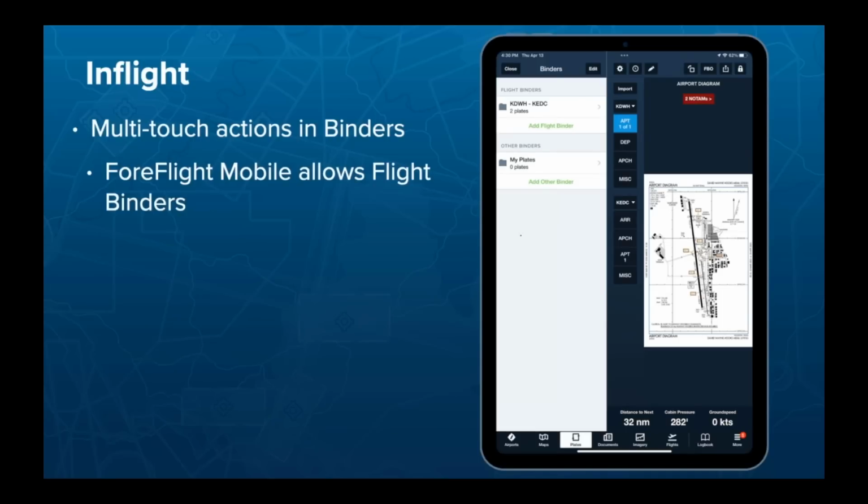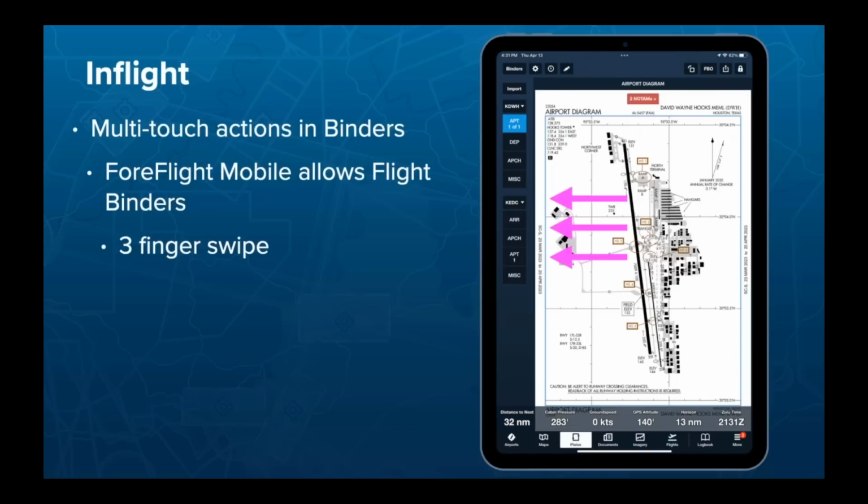If you were to navigate to plates and tap on the Add Flight Binder button, ForeFlight gives you some options to pull a flight from the maps or flights. And if you've got approaches, departure procedures, or arrival procedures associated with your route, ForeFlight will automatically pull the plates associated with that into your flight binder.